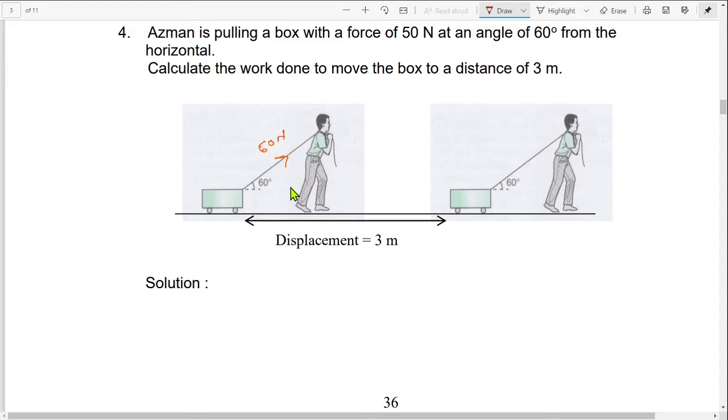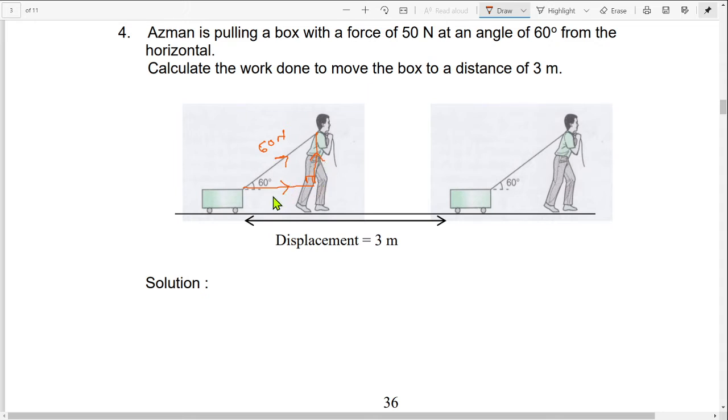The force is slanted, but the box here is moving horizontally. So what do I need to do? I need to find the horizontal component of this 50 Newton. So I can draw my right triangle. The force is going up like this, so it simply tells us it is going to the right and it goes up.